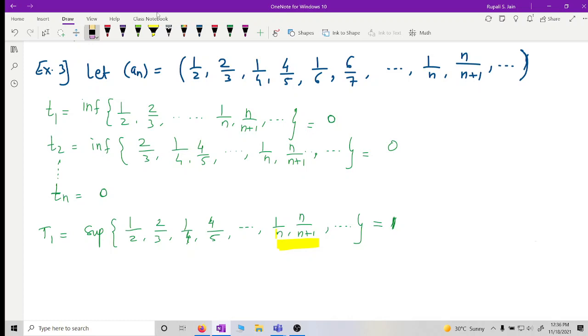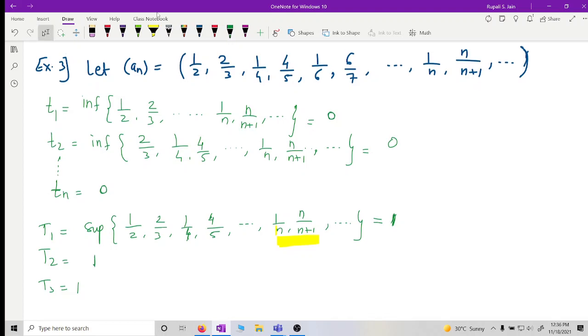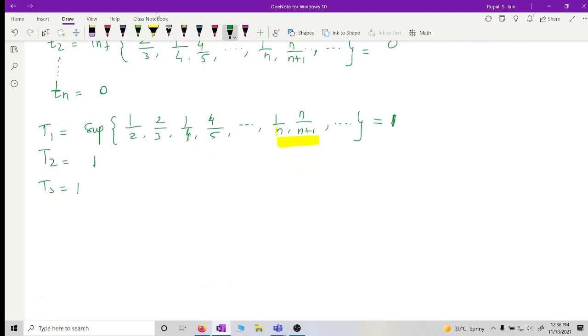What is T2? T2 is also 1. T3 is also 1 and so on. So I will get capital Tn is 1. So what can I say? What is lim inf?